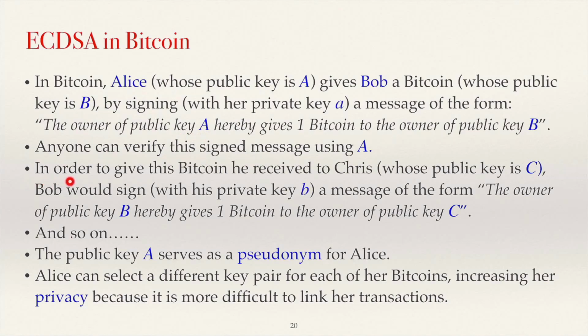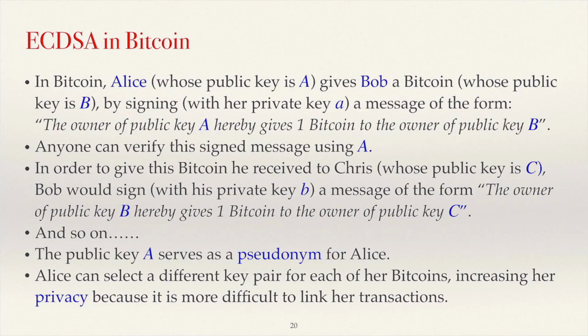In order to give the Bitcoin he received from Alice to another user, Chris, say whose public key is capital C, Bob would sign a message with his private key little b of the form, the owner of public key B hereby gives 1 Bitcoin to the owner of public key C. So to give this Bitcoin to Chris, Bob signs the message with the private key corresponding to the public key that is in that message.